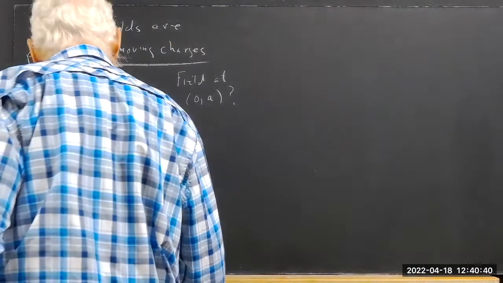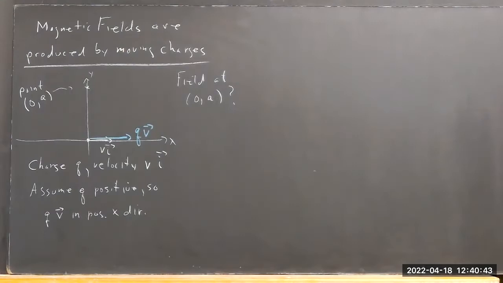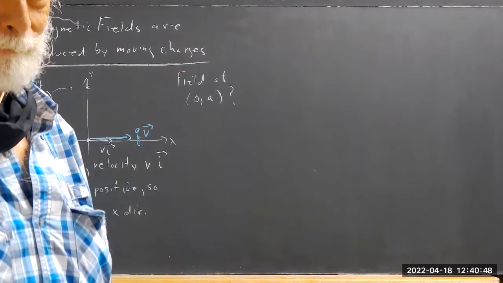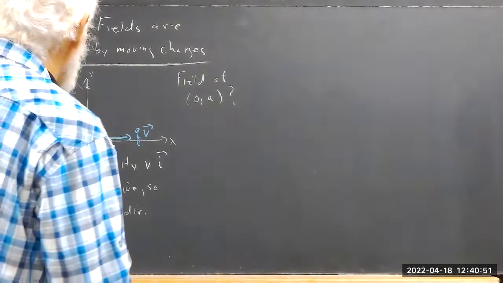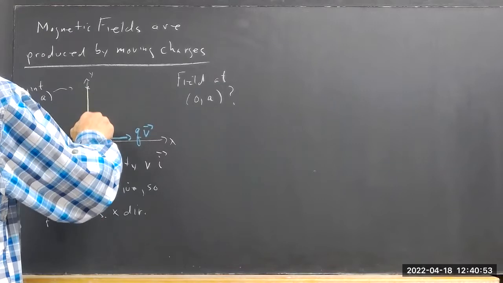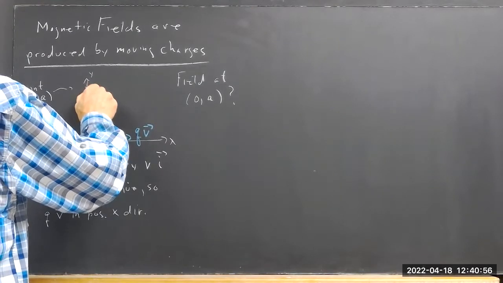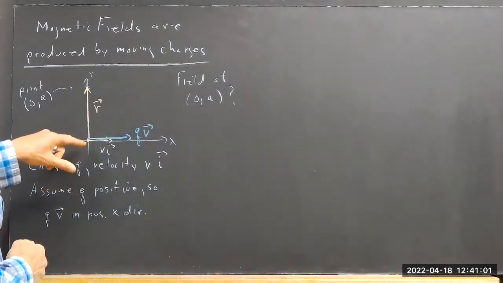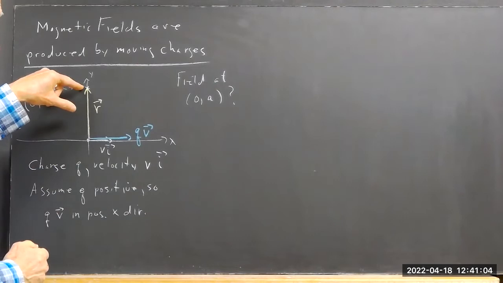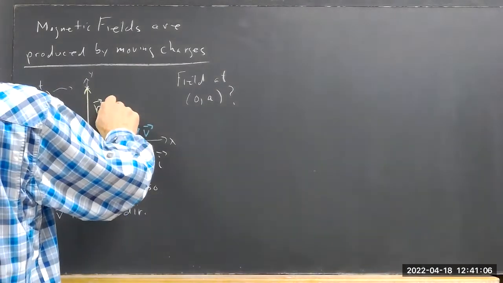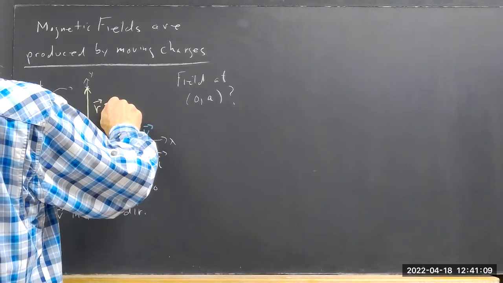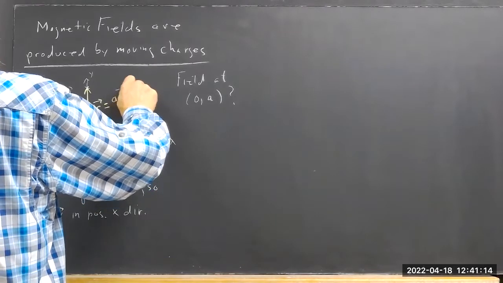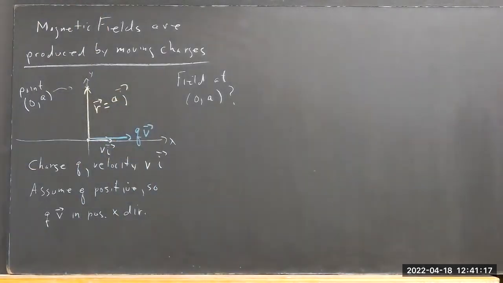In order to find that field, much like we did with two charges, you use an R vector. The R vector from the charge to the point is A times your j vector.